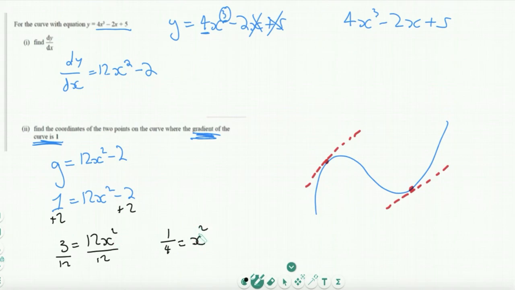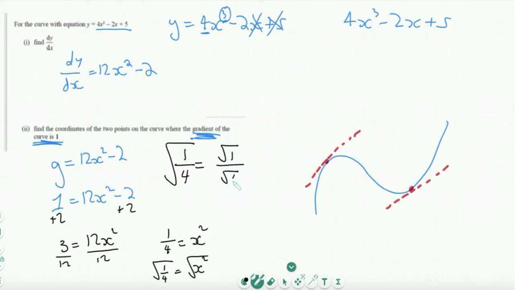And then what squared is 1/4? That's pretty tricky, so we'll solve it by algebra. How do you get rid of a square? We're going to square root both sides. So the square root of 1/4, and we're going to square root this. How do you square root a fraction? If you want to square root a fraction, you basically square root the numerator and square root the denominator.